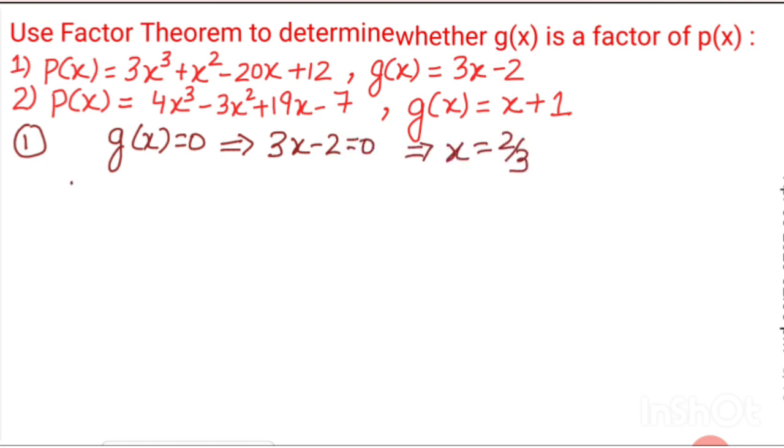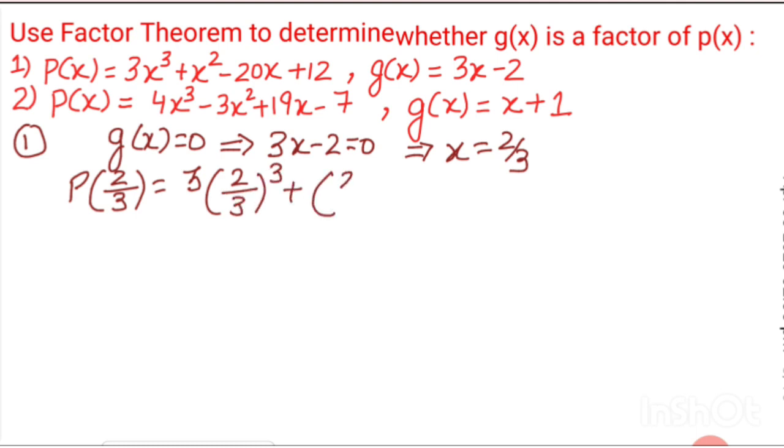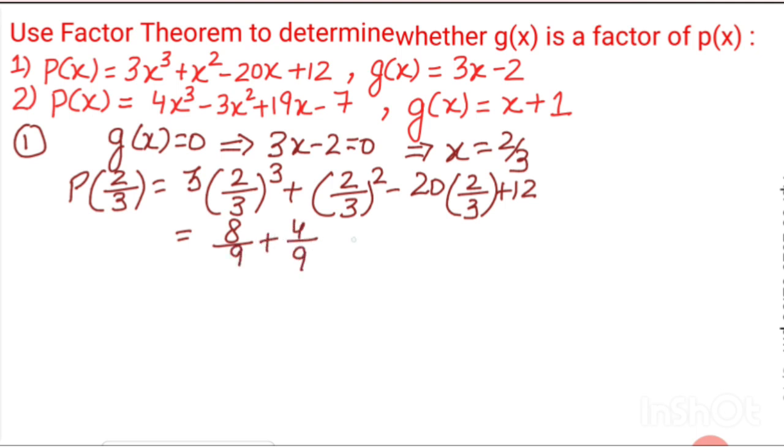Okay. Now the value of this polynomial at x equals 2 by 3 is, replace x with 2 by 3, plus (2 by 3) whole squared minus 20 multiplied by 2 by 3 plus 12. So it will be equal to 8 by 9 plus 4 by 9 minus 40 by 3 plus 12.